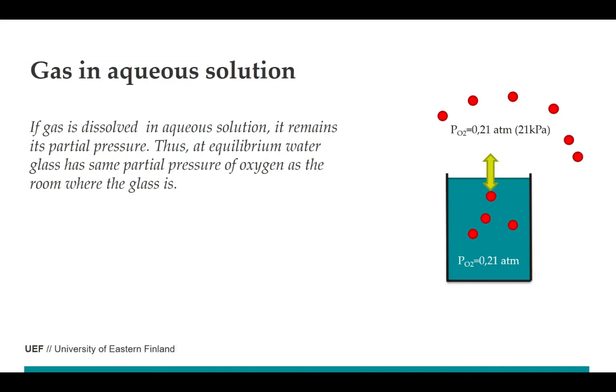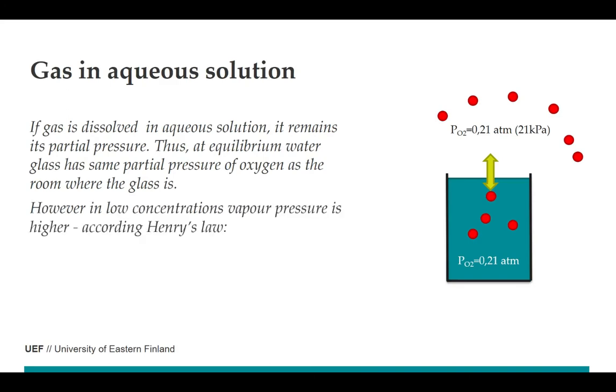But the problem is that this is a little bit more complex, because if you are calculating how many moles you have, it might be a little bit different. The problem is that oxygen and several other gases are not ideal gases. So in low concentrations, the vapor pressure is a little bit higher.